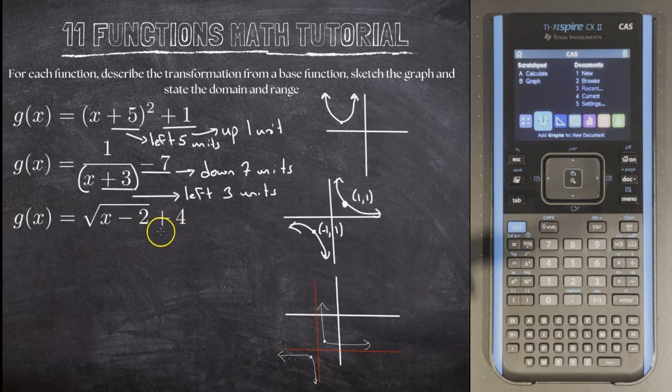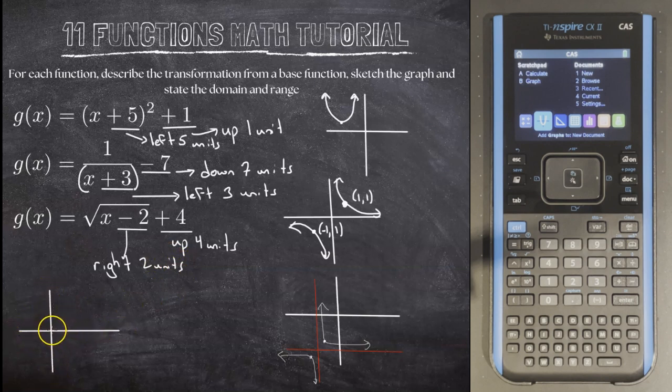Now our radical function, it looks like we are moving up 4 units. And this one would be to the right 2 units. Now typically our radical function, or just the square root of x, will look something like this. So we have the point 0, 0.